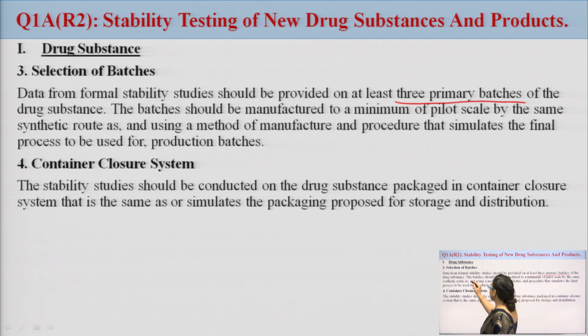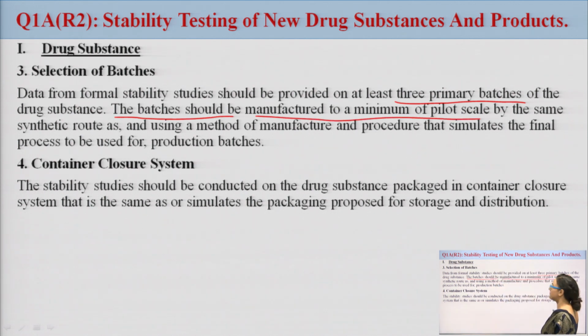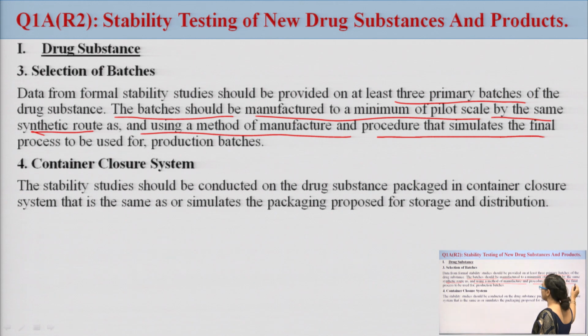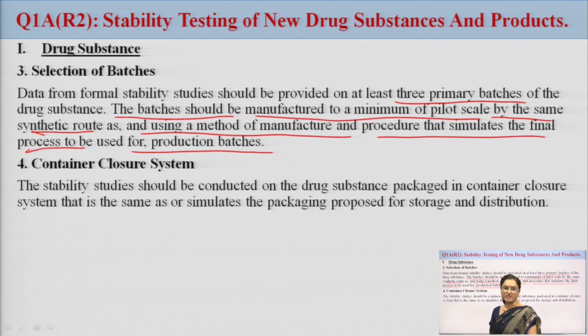These primary batches should be manufactured to a minimum pilot scale, by the same synthesis route as, using a method of manufacture and procedure that simulates the final process to be used for production batches.